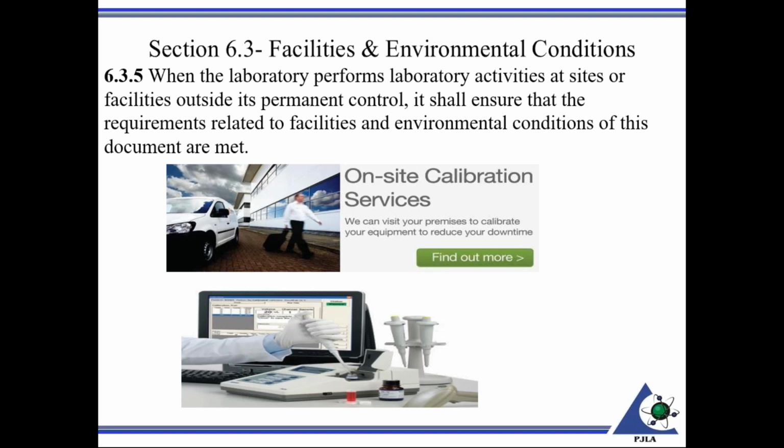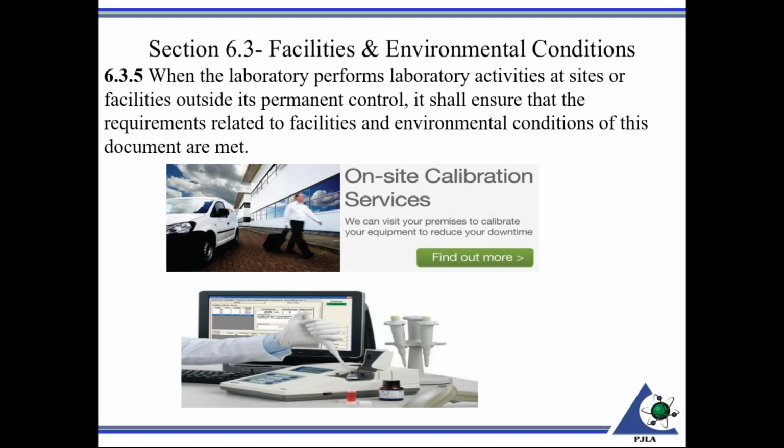So 6.3.5, these are for on-site calibrations. When the laboratory performs laboratory activities at sites or facilities outside its permanent control, it shall ensure that the requirements related to facilities and environmental conditions of this document are met.